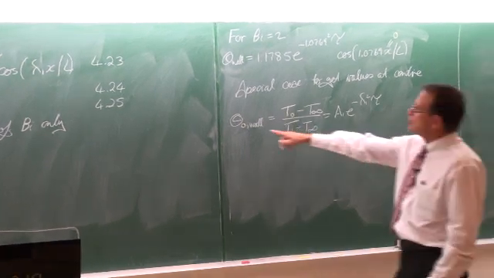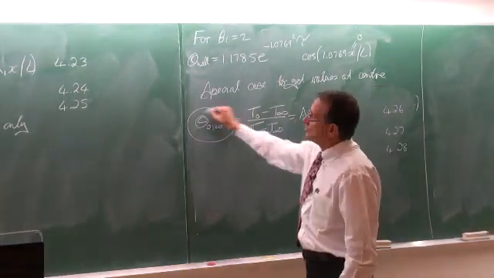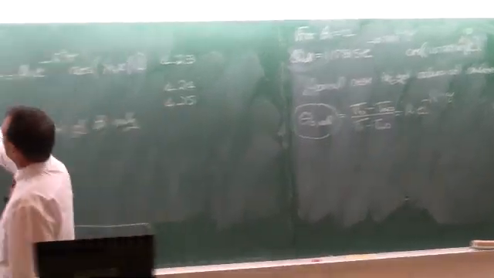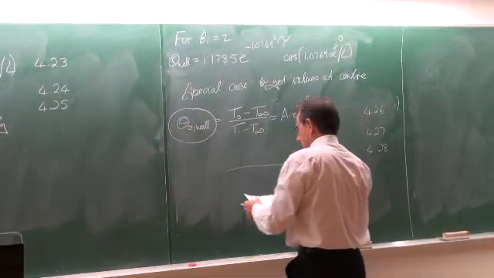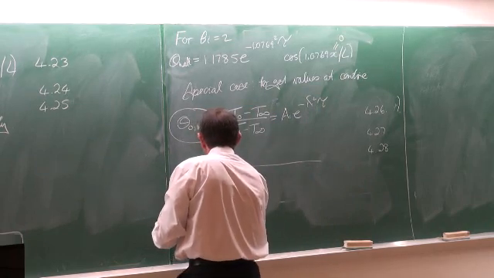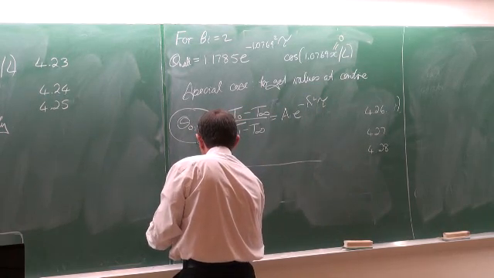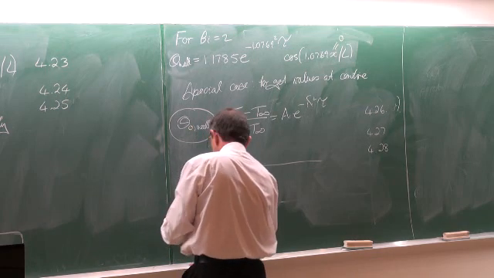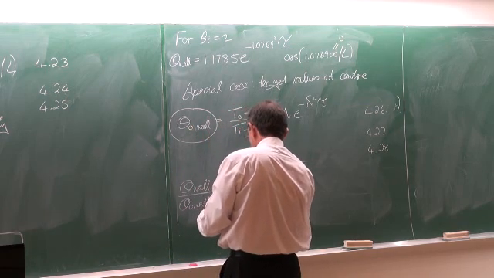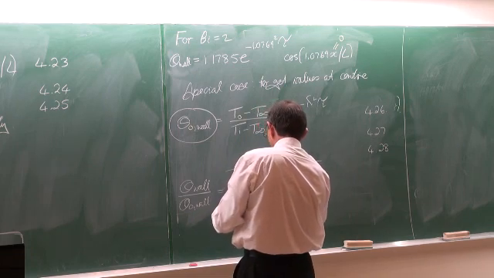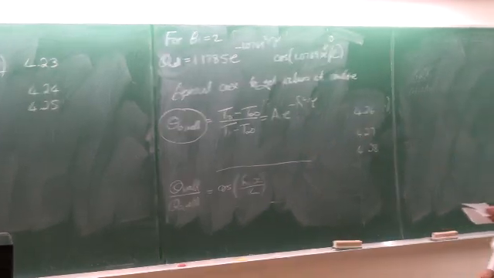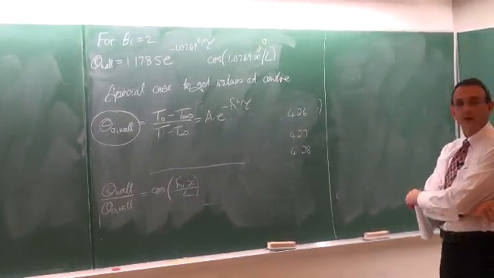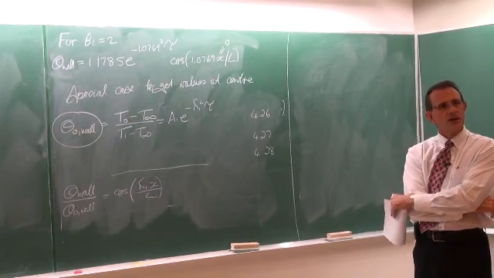Now, if we take this solution, and this one, and we divide them by each other, then theta at the wall divided by theta 0, so that is at the center, would be equal always to cos of lambda 1 x divided by L. So it would be equal to a constant.